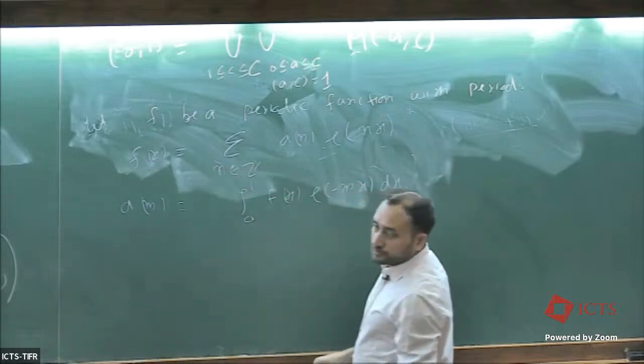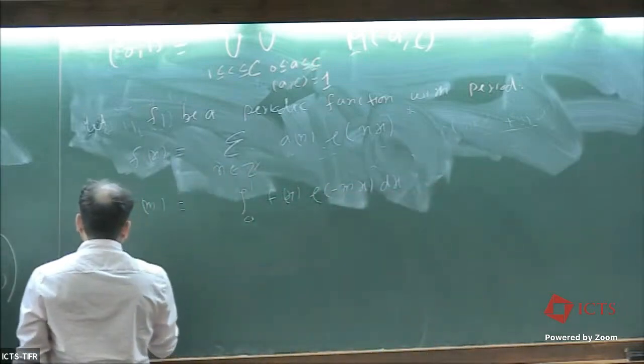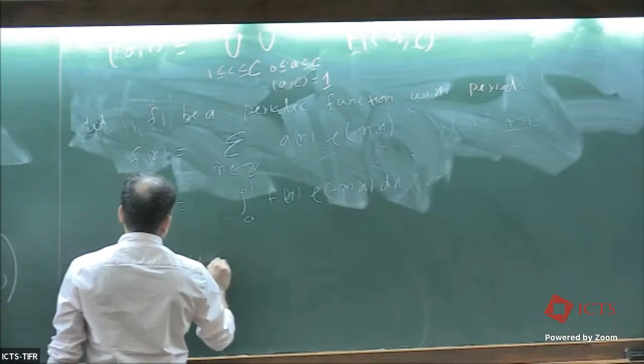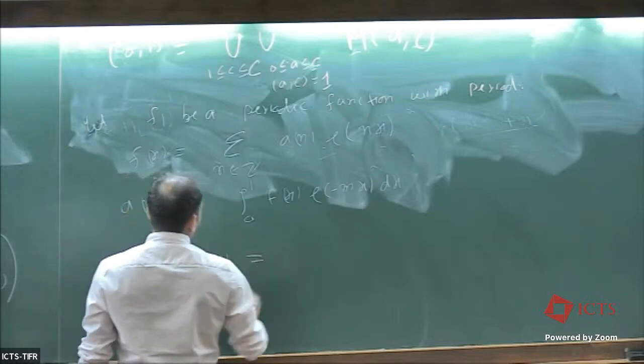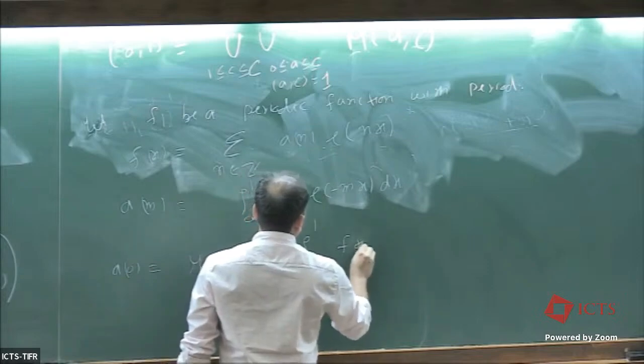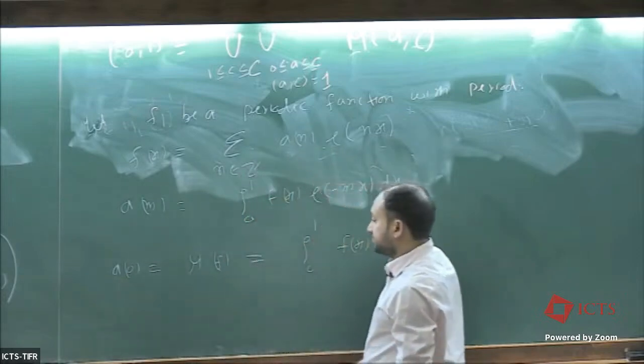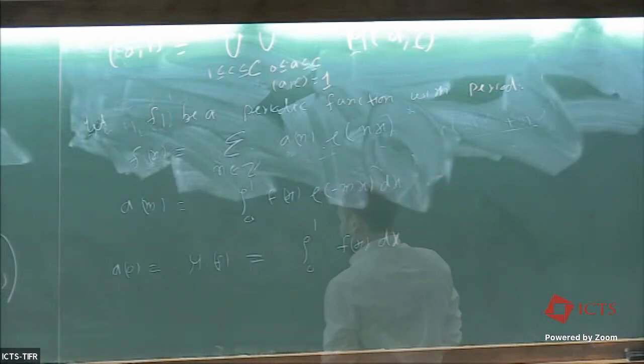Now the zero Fourier coefficient is important, so we write a naught. We denote this one as mu of f. This one is nothing but the integration from 0 to 1 of f of x. So we have integration over the whole interval 0 to 1.